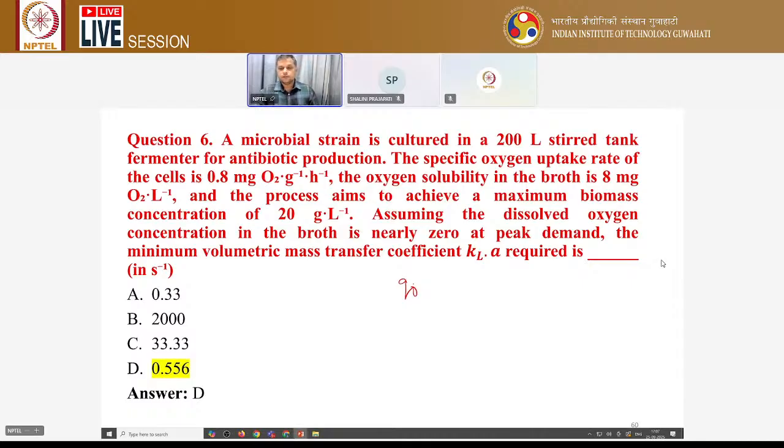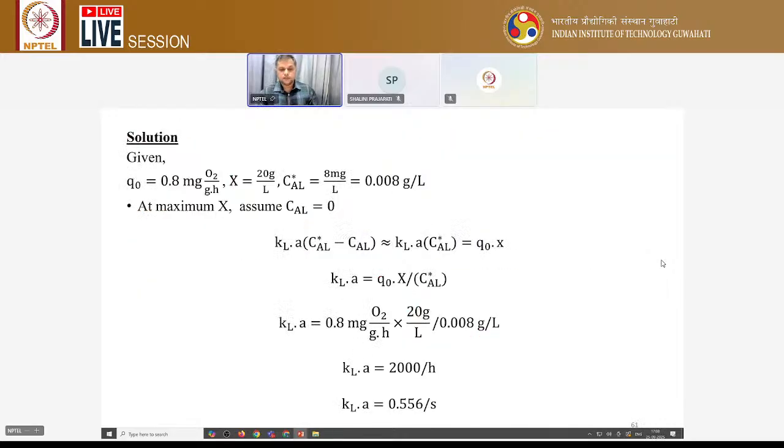Oxygen solubility in the broth, CL star, is given as 8 milligram of oxygen per liter, and the process aims to achieve the maximum cell concentration X max of 20 gram per liter. Assuming the dissolved oxygen concentration in the broth is nearly 0, what is the minimum volumetric mass transfer coefficient KLa?